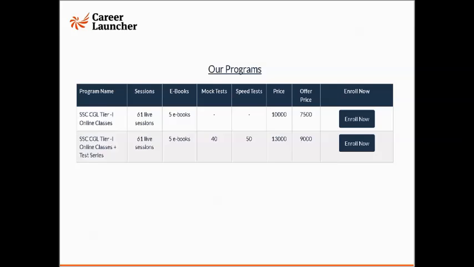I just want to tell you that the level of questions in SSC is not very high. But again, speed and accuracy matter in this exam. If you compare this with the banking exam, the level of questions in banking is higher than in SSC. Reasoning questions in SSC are very, very easy.